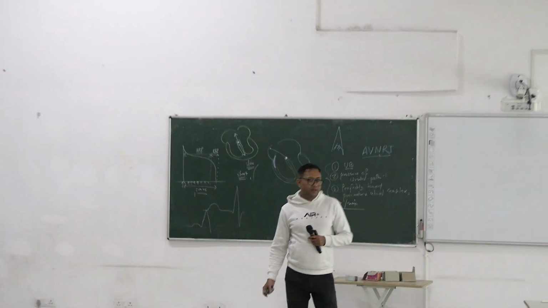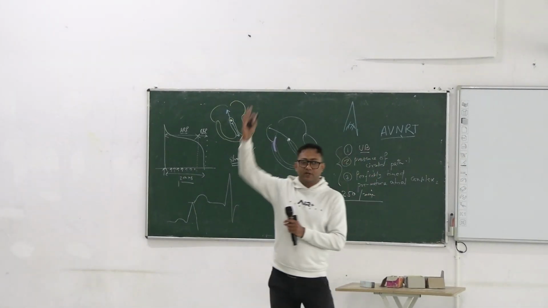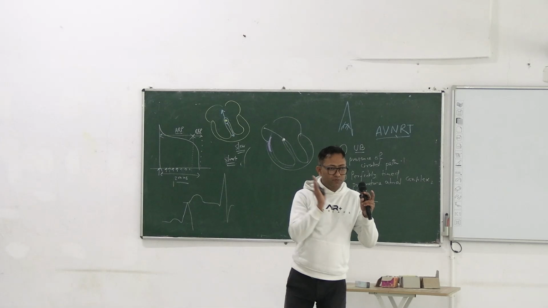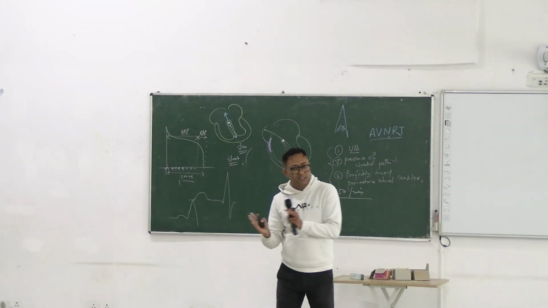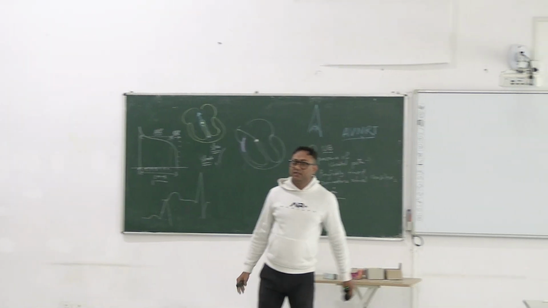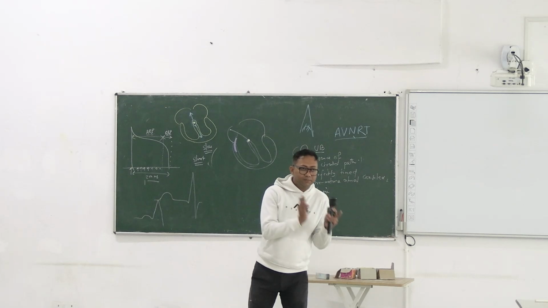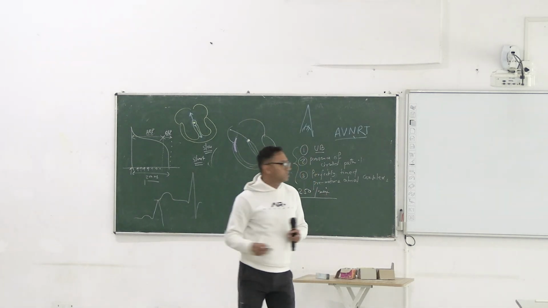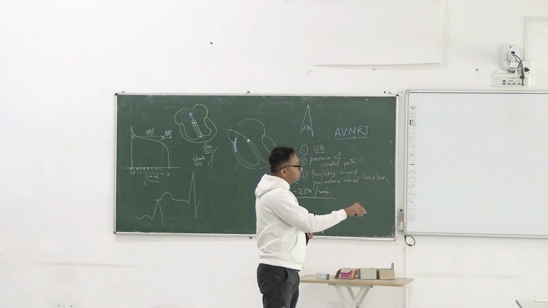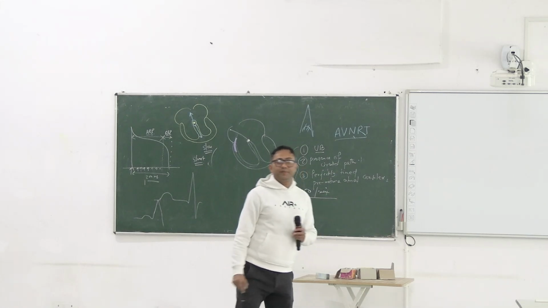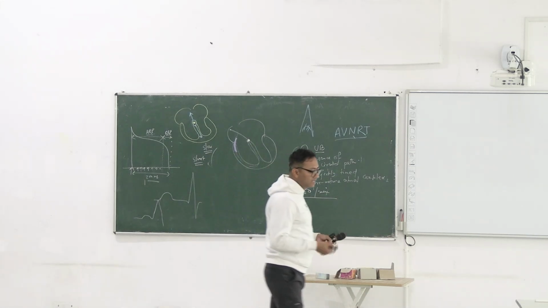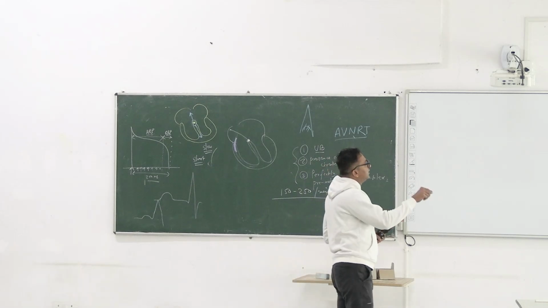Atrial depolarization, immediately ventricular depolarization. Normally, we have some delay between atrial depolarization and ventricular depolarization. We call it PR interval, right? Now, this PR interval is shortened. Atrial depolarization के बाद immediately ventricular depolarization. So, this is the slurred upstroke due to premature excitation of the ventricle.